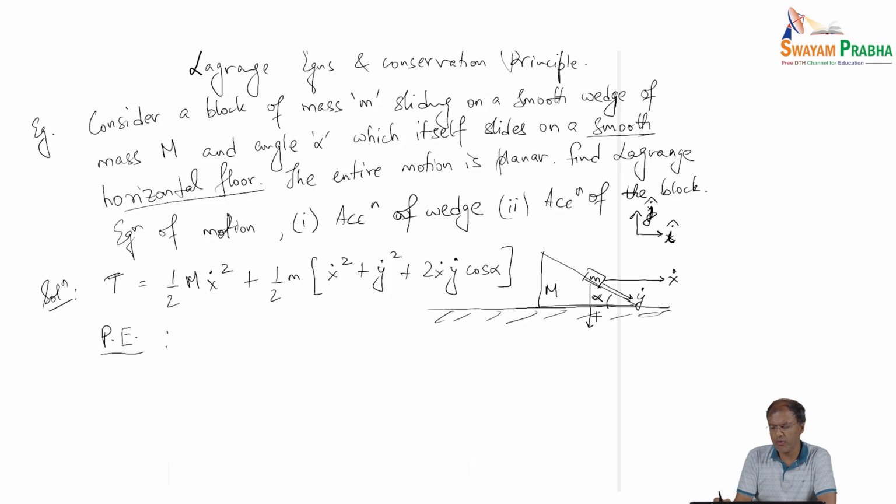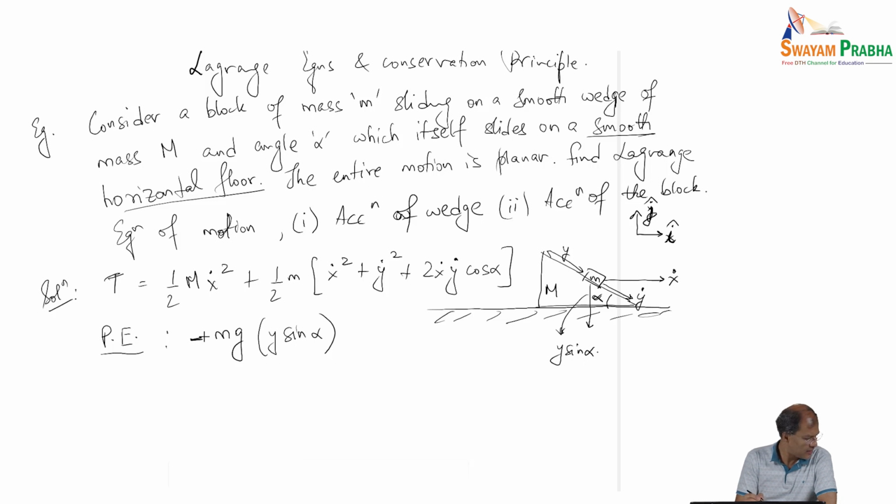Let me call this y, the distance traveled by the block. The vertical distance is going to be y sine alpha, because alpha is this angle subtended. So the potential energy will be minus mg times the vertical distance, which is y sine alpha.